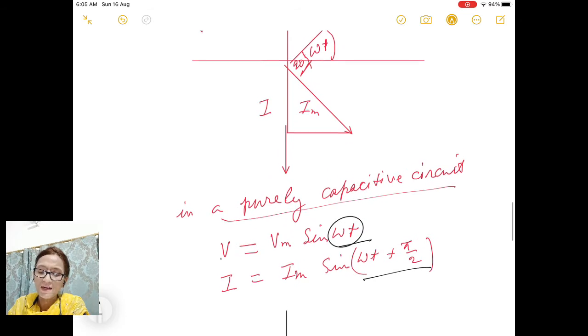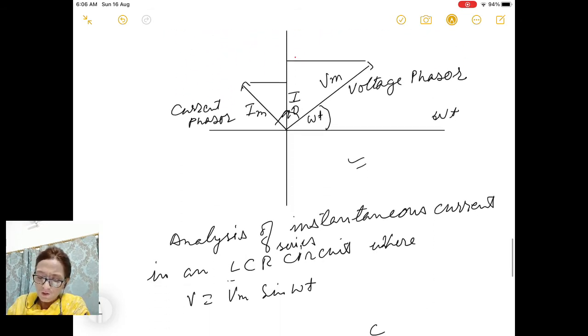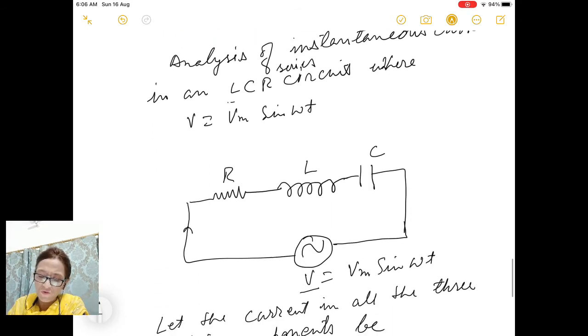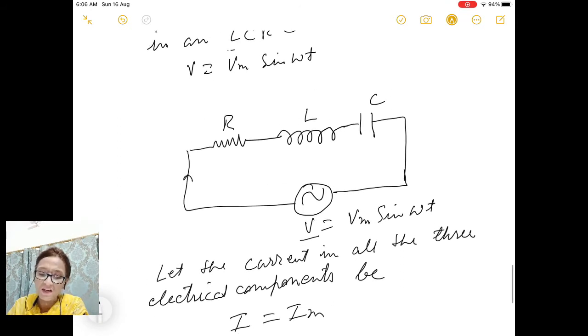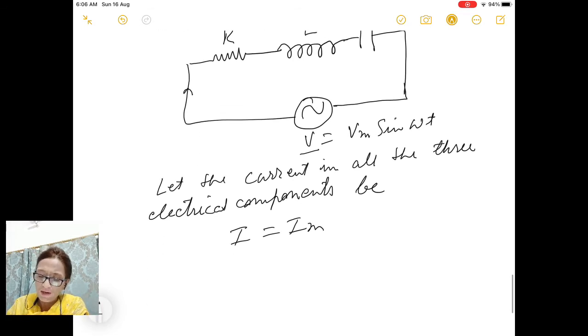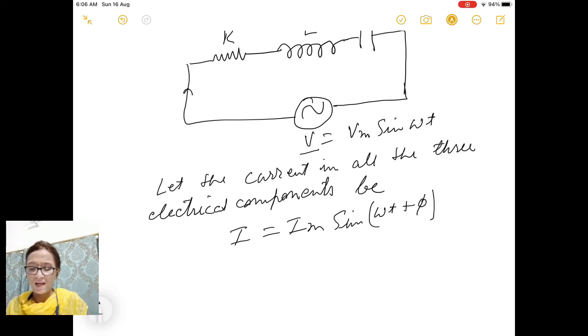Similarly in your inductive circuit. So here will be a phase difference. Phase will not be same because you have capacitor and inductor in this circuit. So you cannot write the phase of instantaneous current as omega t. So let me take the phase of instantaneous current as omega t plus phi, means it has increased in phase by angle phi.